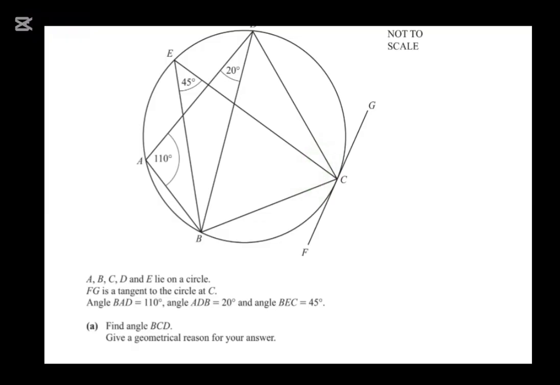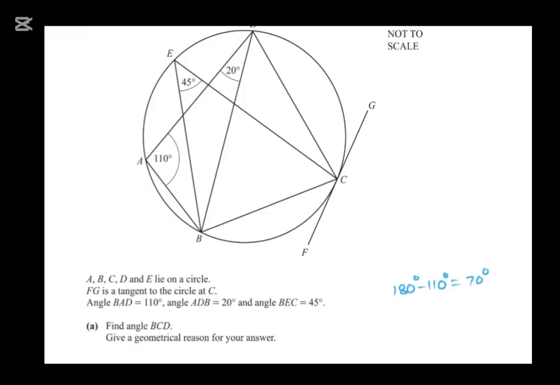To find out this angle, we need to consider the cyclic quadrilateral ABCD. So in this cyclic quadrilateral, this BCD has an opposite angle. When you add two opposite angles, you get 180 degrees in a cyclic quadrilateral. So one is given, the other is not given. So you can do 180 minus 110, which is 70 degrees.